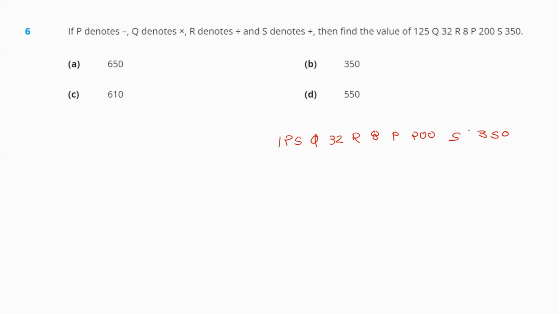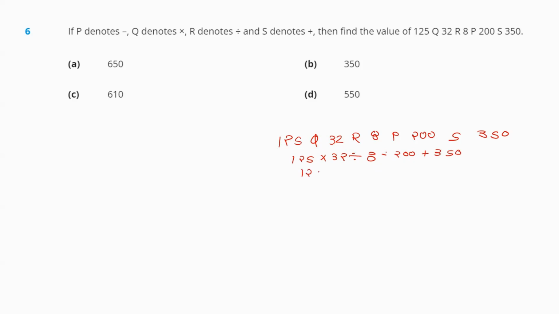Now let's try to put digits here. It will be 125 multiplied by 32. R represents divide by 8. P represents minus 200 plus S. S represents plus 350.